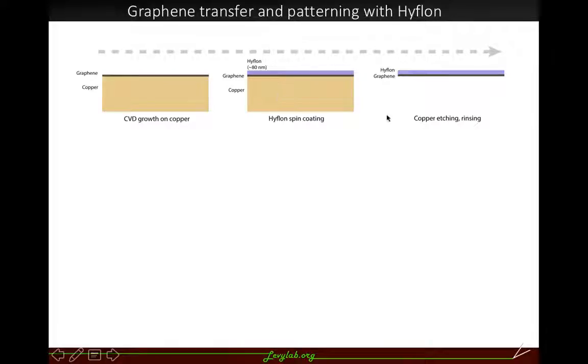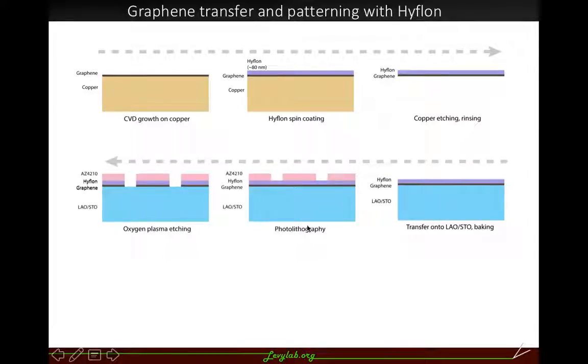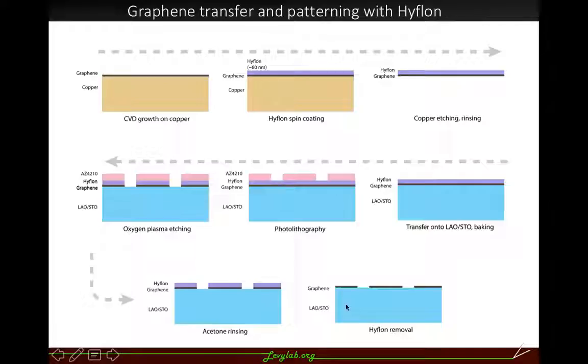After the transfer, we do the normal photolithography process. Because HiFLON is not soluble in acetone, it stays totally intact over the process until the last step. We dissolve it with FC40 and get a clean LaAlO₃ graphene sample.